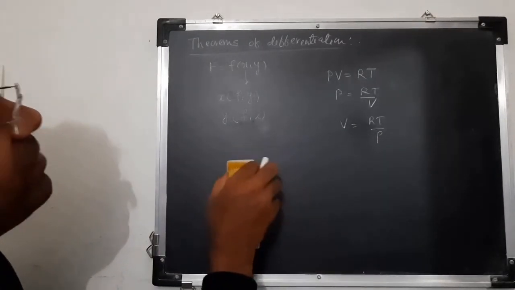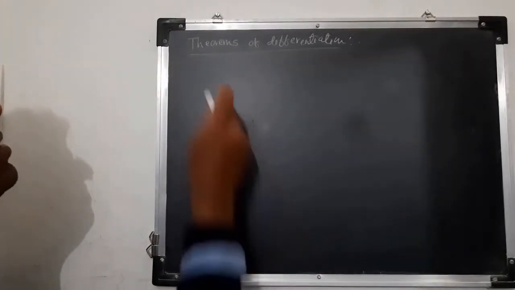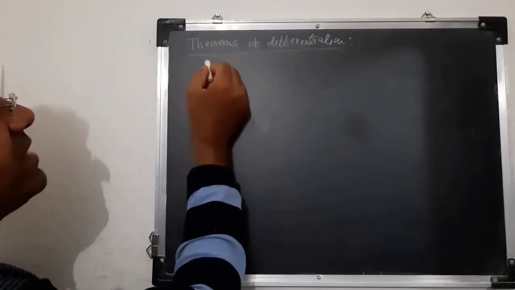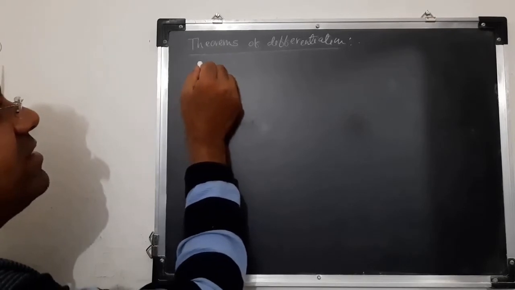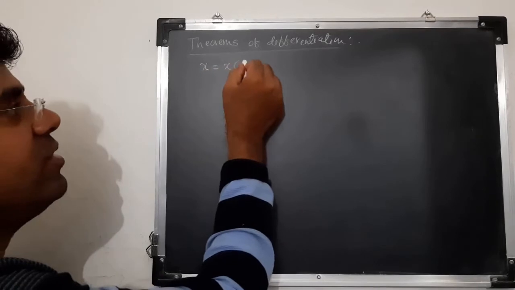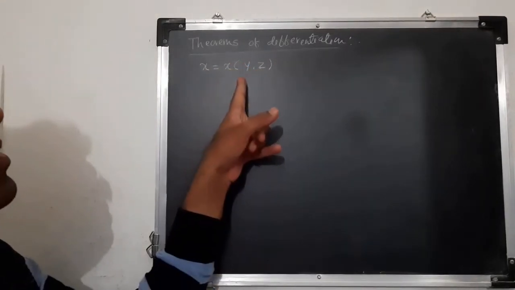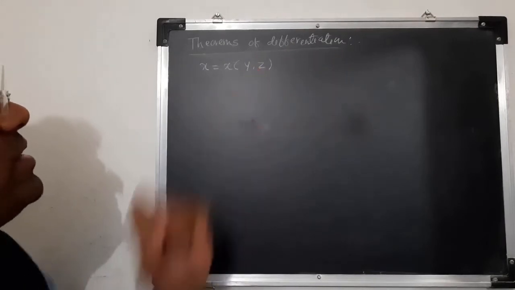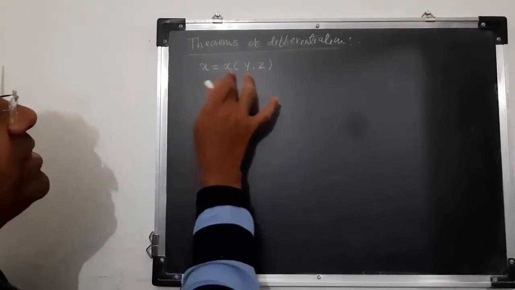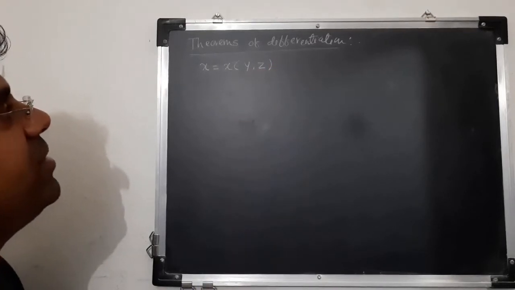So instead of f I will consider z. So x is a function of y and z, where y and z are independent variables.